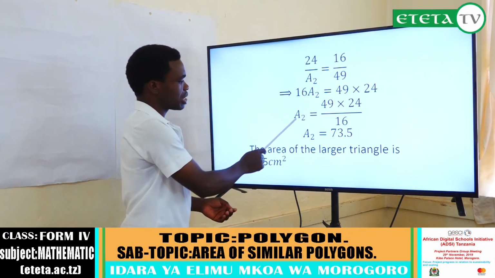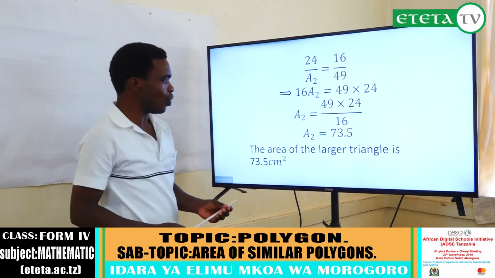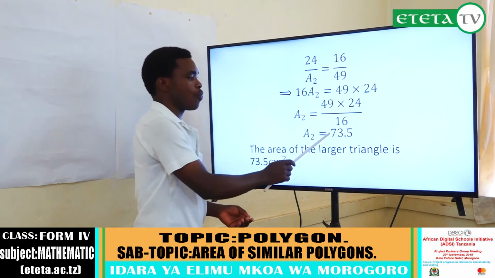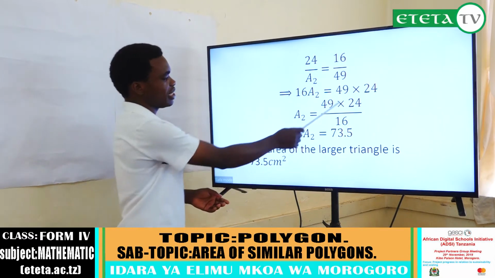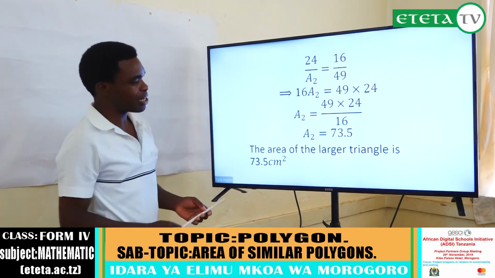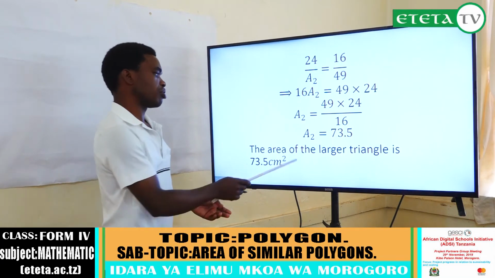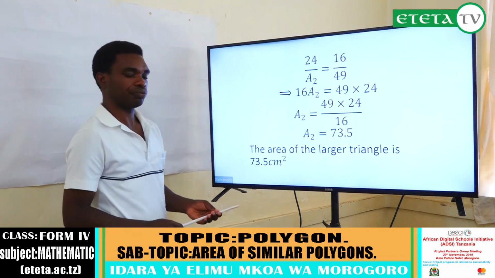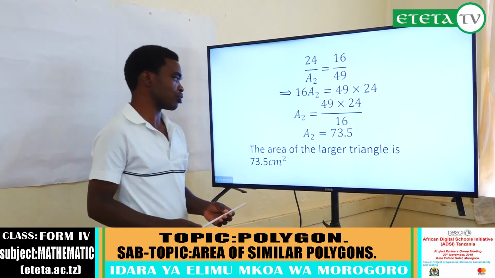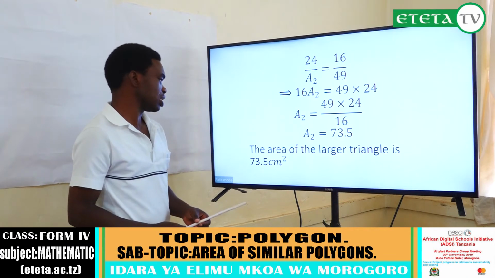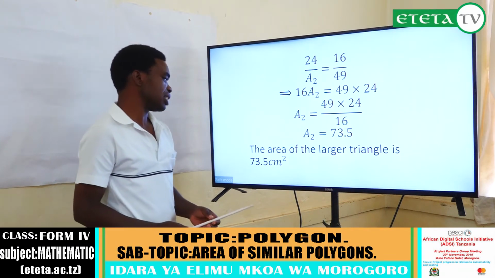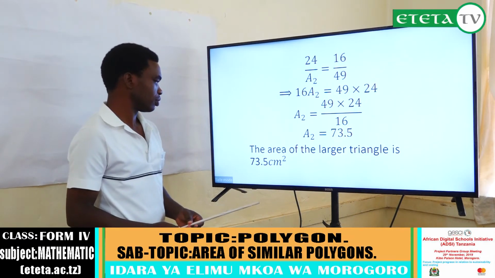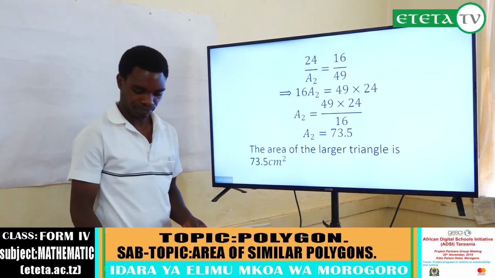A2 remains on one side, and the other side is 49 times 24 over 16. Taking normal multiplication and division, you are going to get 73.5. So A2 is equal to 73.5. That is the area of the larger triangle.